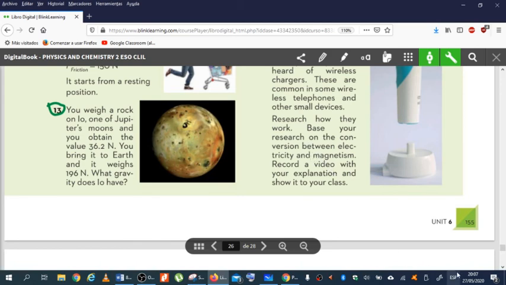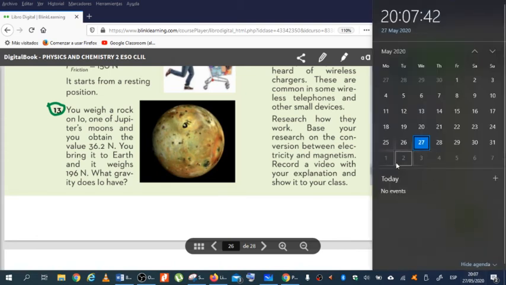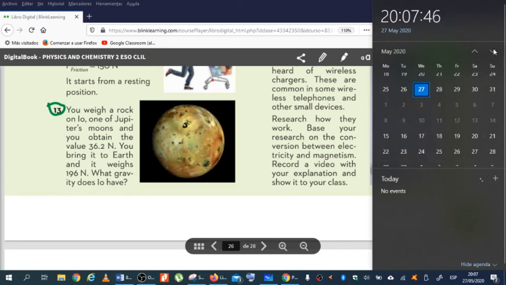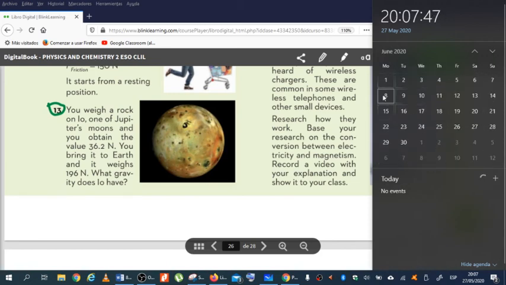Because the week after next week, we will do an activity for evaluating this. For example, let's say this is next week, okay? So during this week, the marks have to be on Rayuela by this time. This is the deadline for recording the marks on Rayuela.